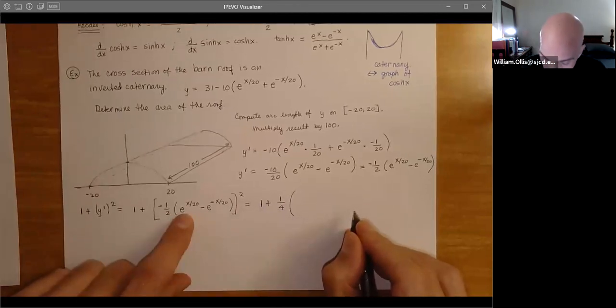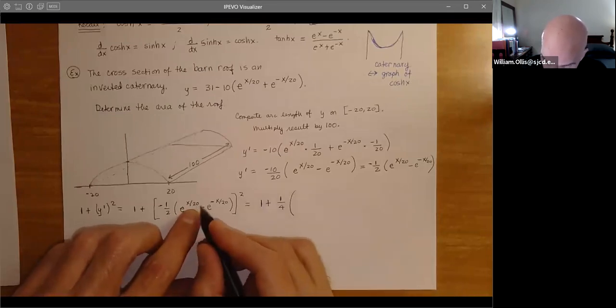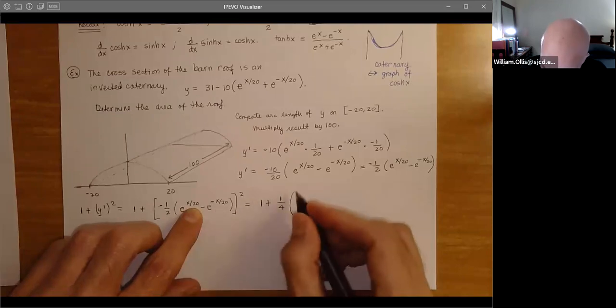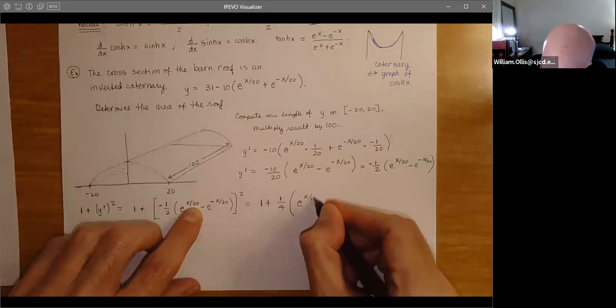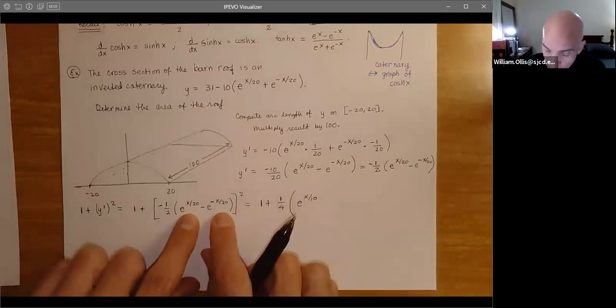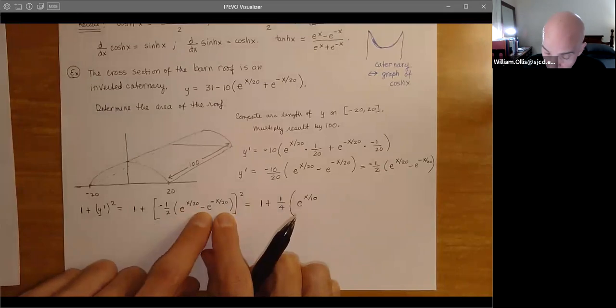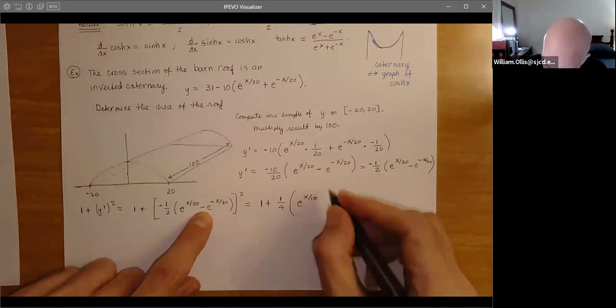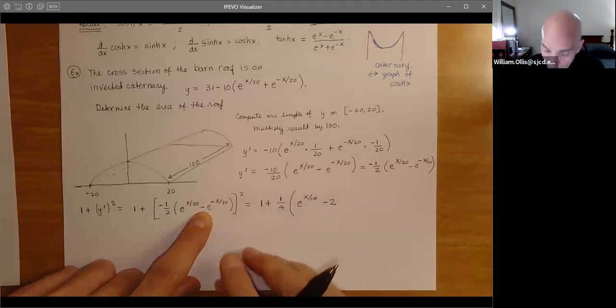And now of course we square the binomial. So we multiply the power by the 2, which will absorb the 20. So we get e to the x over 10. And now, just like we saw before, these are reciprocals, so we get negative 1 and hit that with a 2, so negative 2.